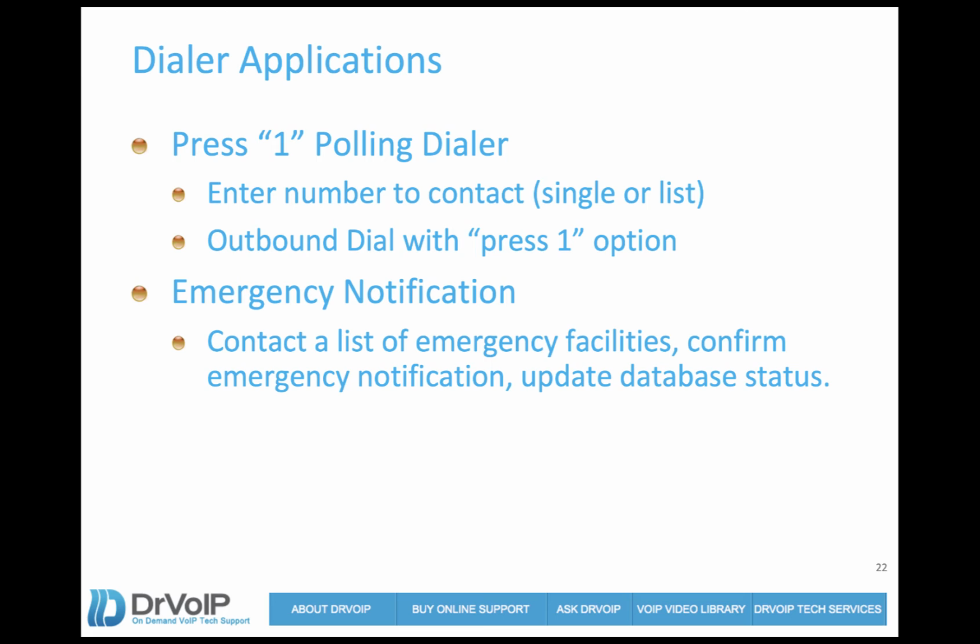So we're going to have an outbound dialer. It's going to call a phone number or a list of phone numbers. It's going to play an announcement, and it's going to offer the called party the option to press 1 to scream at a staff member about auto-dialing them. But the functionality is what we're focused on here.